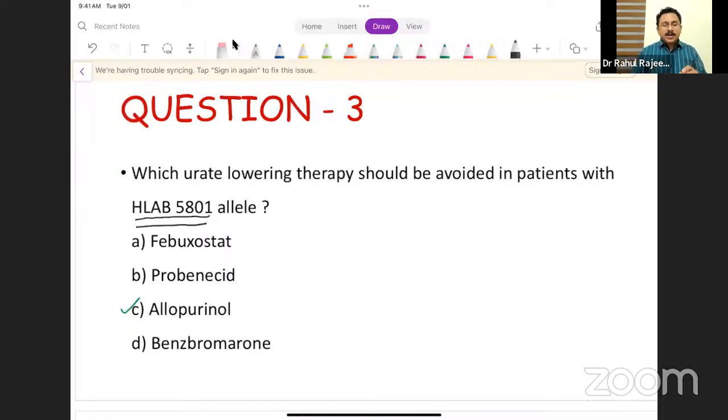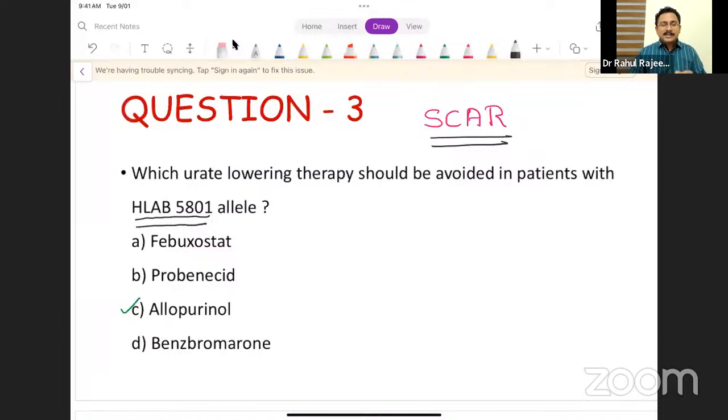The reason is because in such patients, there is a higher chance of severe cutaneous adverse reactions. And how do I put it in short form? SCAR. Severe cutaneous adverse reactions to allopurinol. You call it SCARs to allopurinol, which can range from minor rashes to Stevens-Johnson syndrome or toxic epidermal necrolysis.